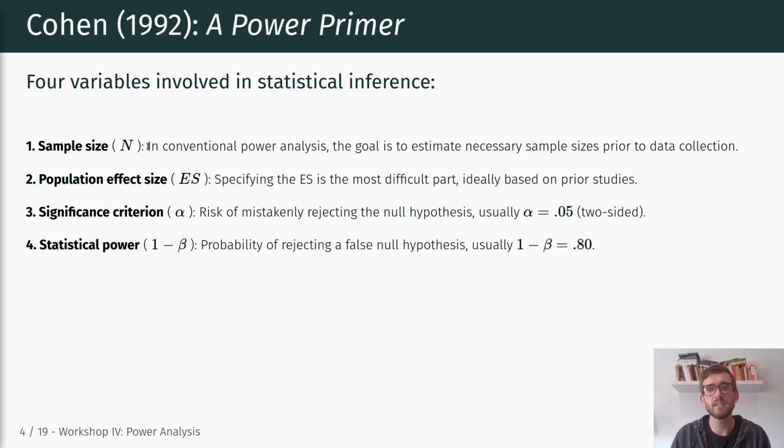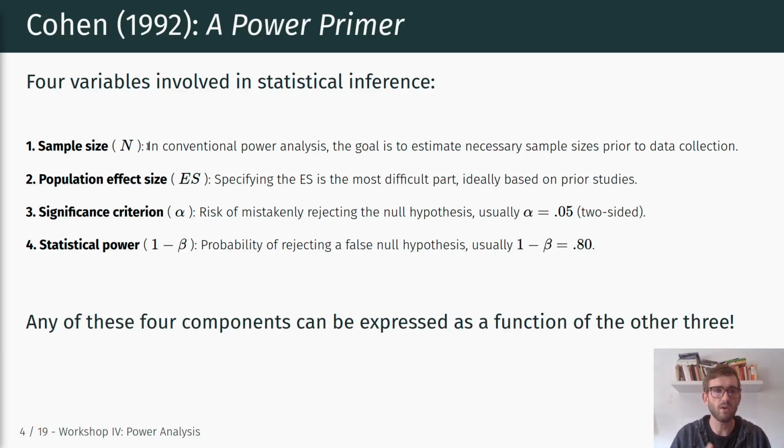But the key here is that estimating the sample size doesn't have to be the goal, right? The key is that any of these four components ultimately can be expressed as a function of the other three, right? So estimating the appropriate sample size can be the goal of a power analysis, but it doesn't have to be, right?